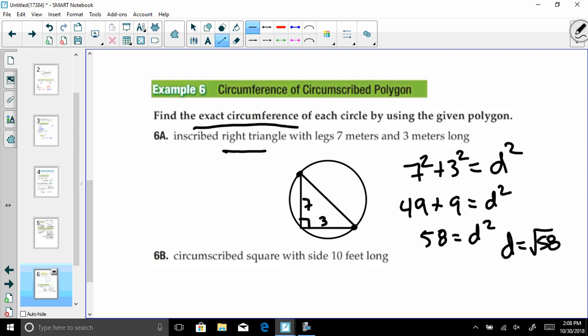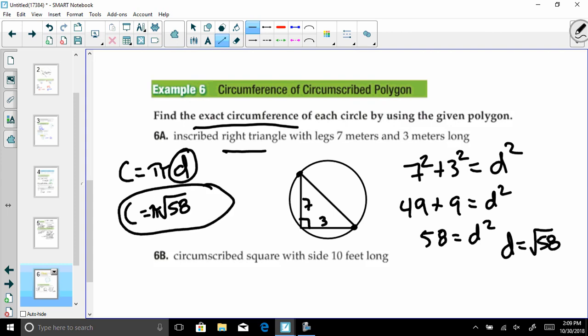We will use circumference equals pi times diameter. We know the diameter is the square root of 58, so the circumference is pi times square root of 58. Our units are meters, so pi square root of 58 meters.